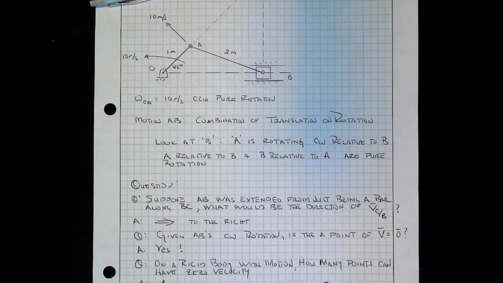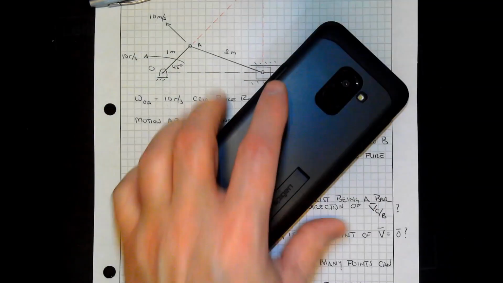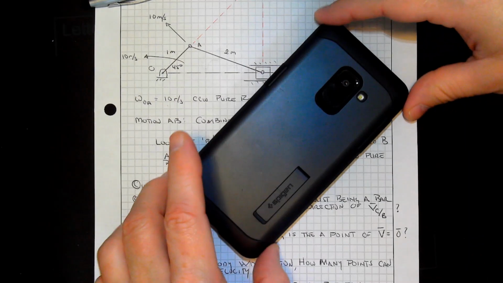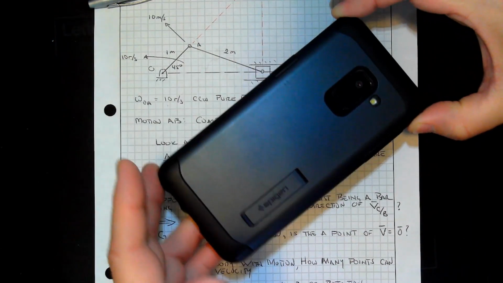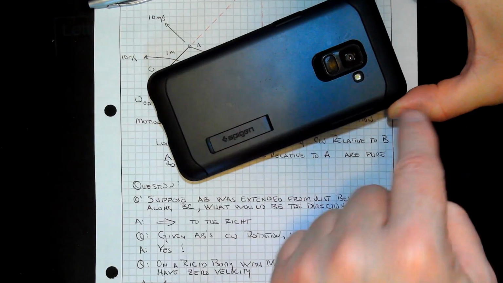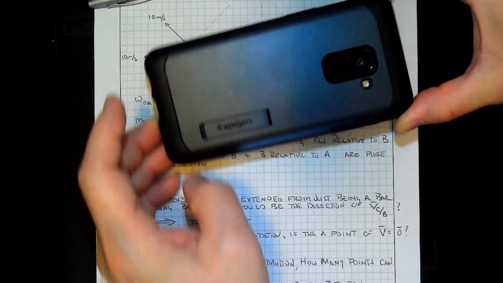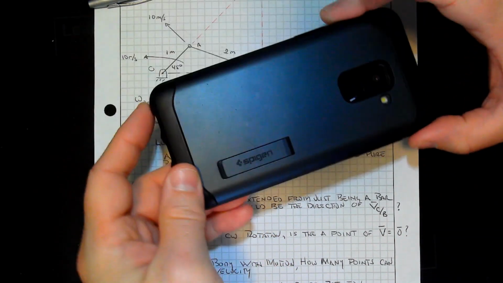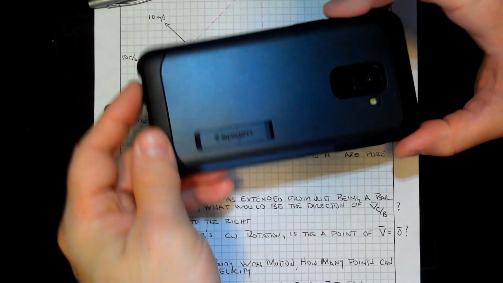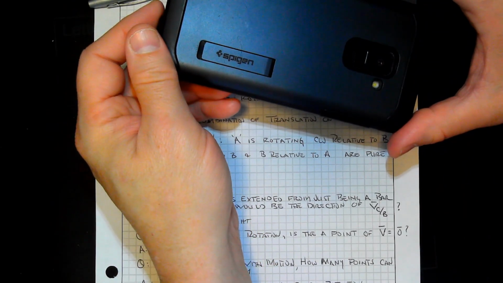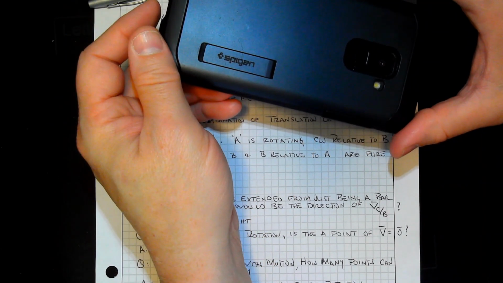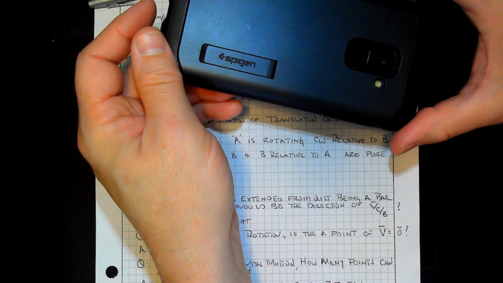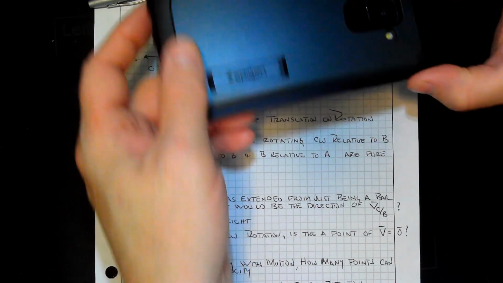If you have a rigid body, let's let this rotate about a fixed point right here. How can you have any other point rotating? Absolutely impossible. There can only be one point where the velocity is 0 if there is motion.